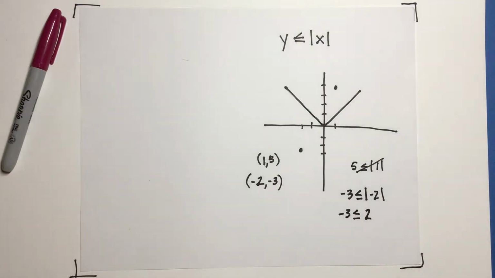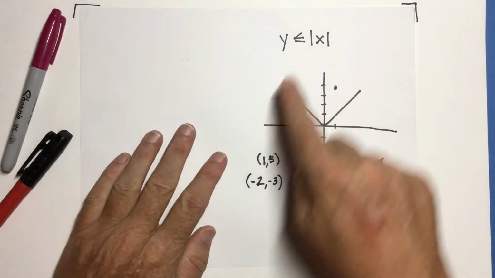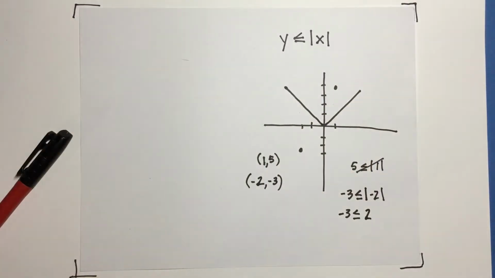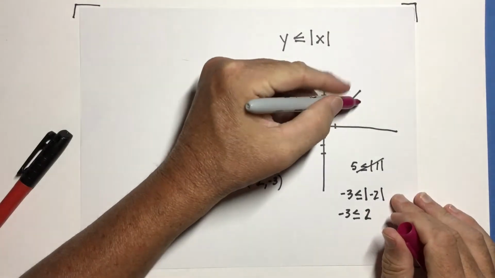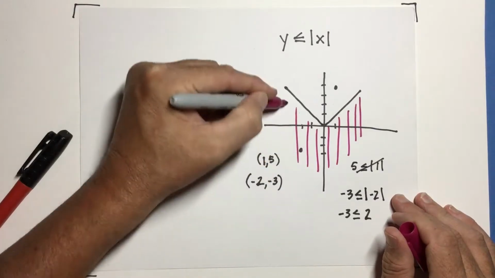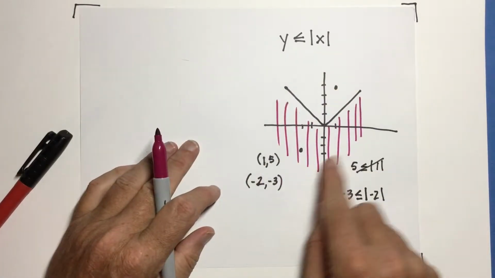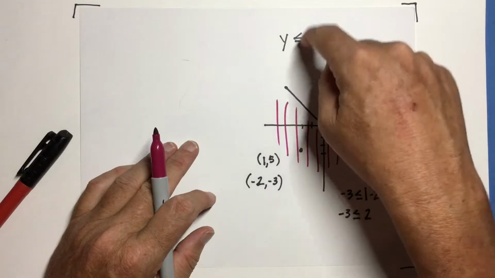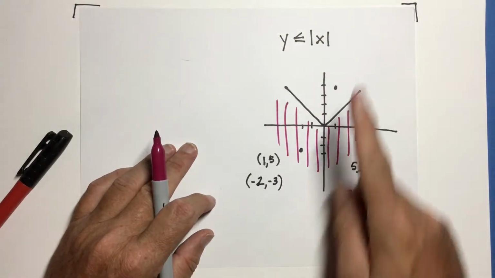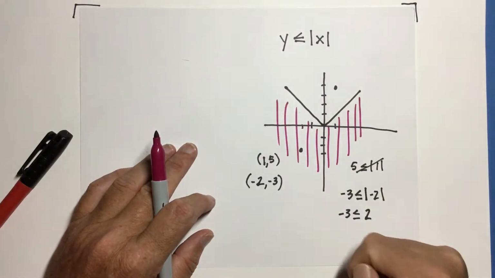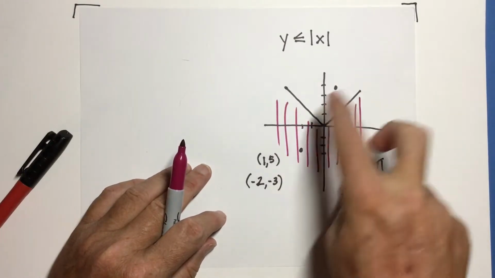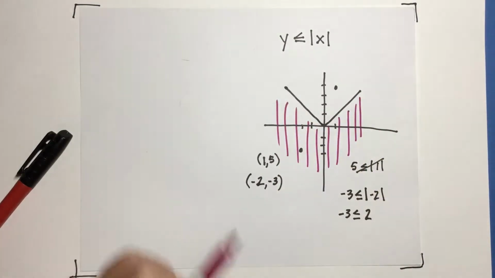So that means not only because of my equality do I get my graph y equals the absolute value of x, but also I can now include everything below this line. So all of this data down here. Any one of these points down here below this line will make this statement true. Any point above here will make that statement untrue. So we're interested, of course, what makes a statement true. So everything below that line. So the answer there would be the line itself and the shading below the line.